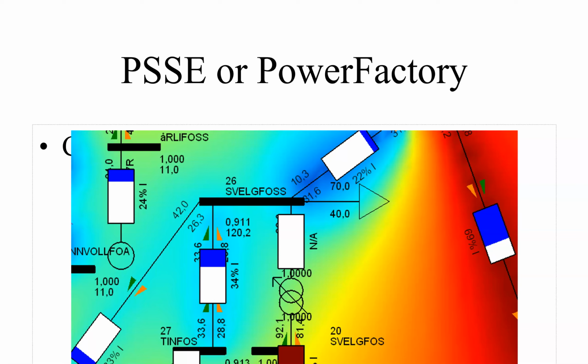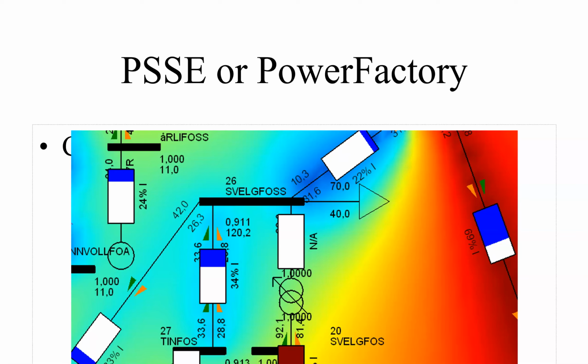In this line, we have 42 megawatt flowing this way, and we have 26.3 megavolt-ampere reactive flowing also in this direction, from this bus bar called Svelgfoss. So this is how we can indicate which way the power is flowing. You can see that the arrows go one way and the other direction.